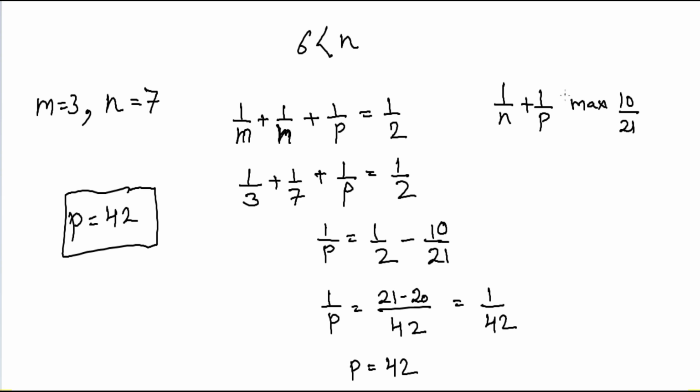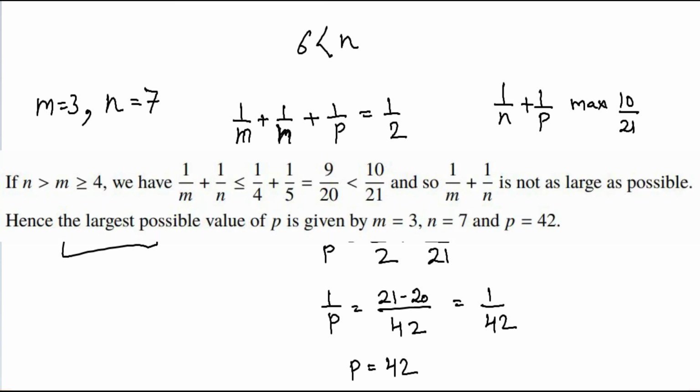Rest all will come smaller than that. You can check it further for any values, but it will always come lesser than that. So it will always come lesser than that, and that's why we should choose this value. M equals to 3, n equals to 7, and p equals to 42.